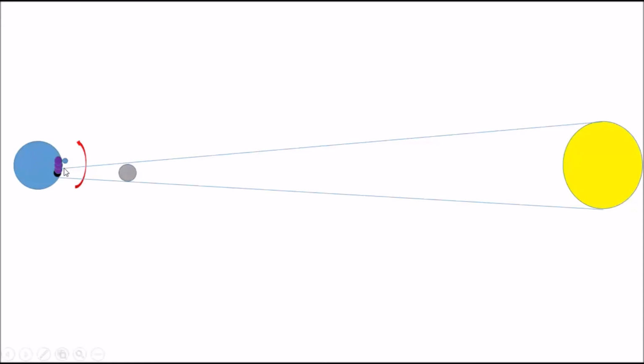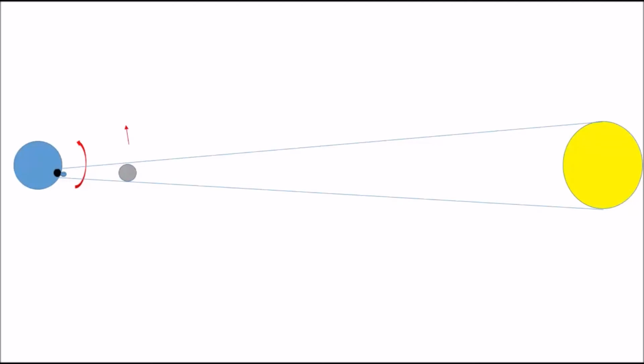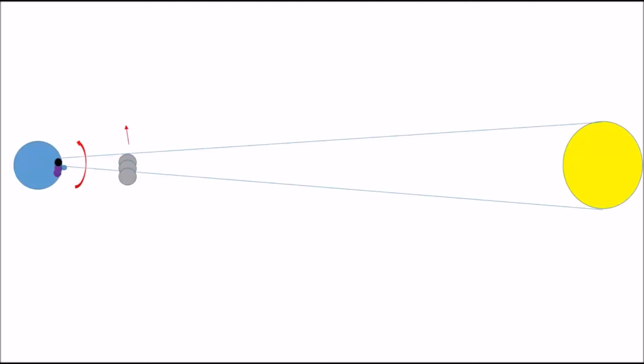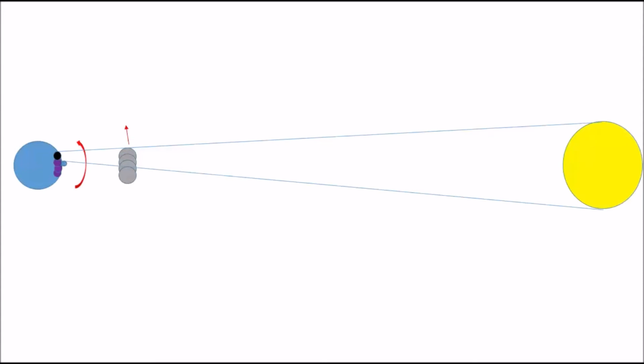Now, the fact that we don't see this east to west progression of the shadow, what we see is a west to east progression of the shadow. This confirms that the moon is in fact orbiting the Earth in this direction and at a speed that is sufficient to cause this progression of the shadow.